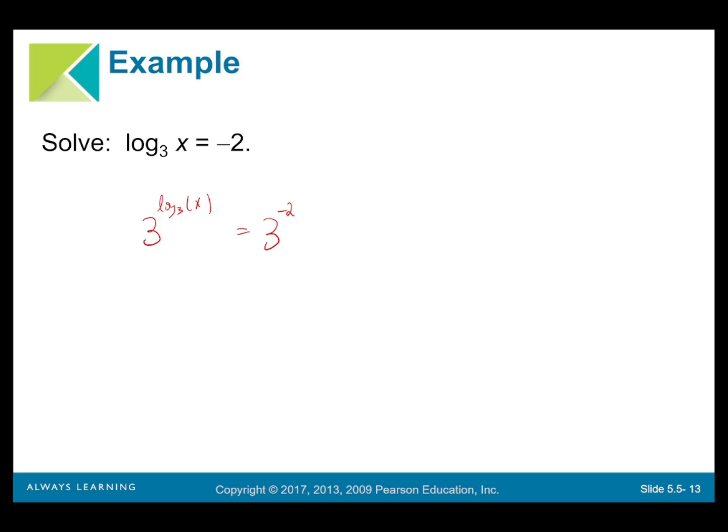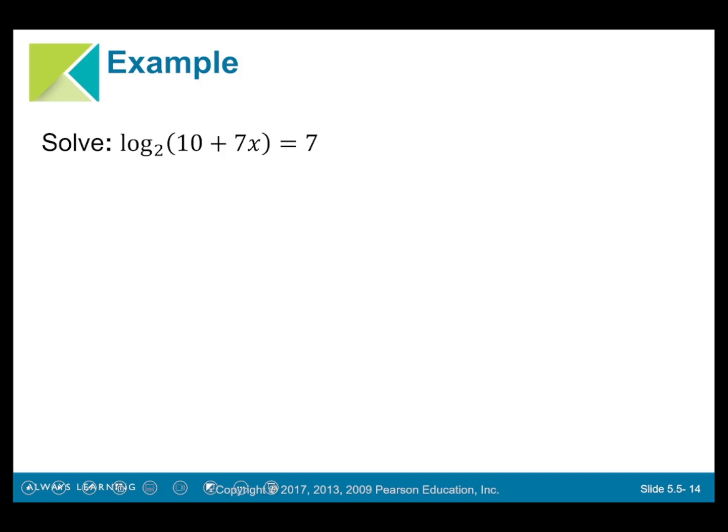So now the 3 and the log base 3 cancel, and I get x equals 3 to the -2. And that's it. With this one, it's so simple we could have just immediately applied our log rule, where by definition, we know 3 is our base, -2 is our exponent, and x is what it equals. That also would have given it to us, but not every question is going to work out quite that nicely. It kind of just depends.